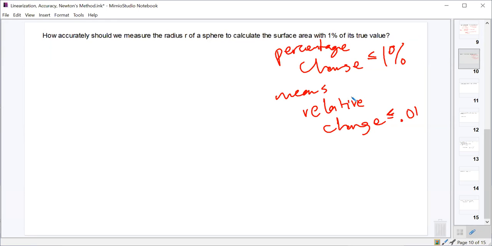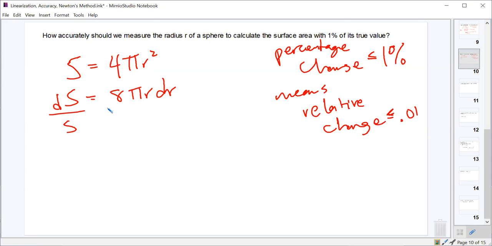And what is relative change in surface area? Well, the relative change in surface area should come from S equals 4 pi r squared, and then finding dS, which is 8 pi r dr, and dividing that by the actual surface area, right?